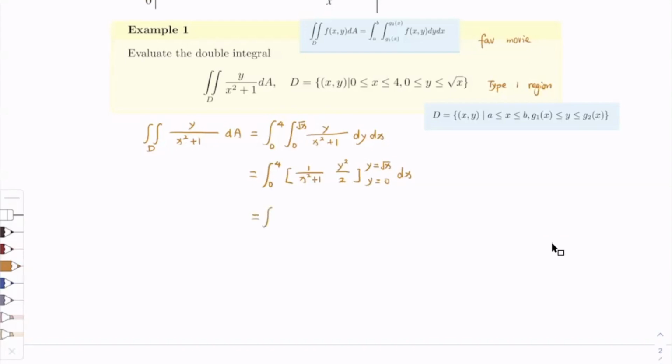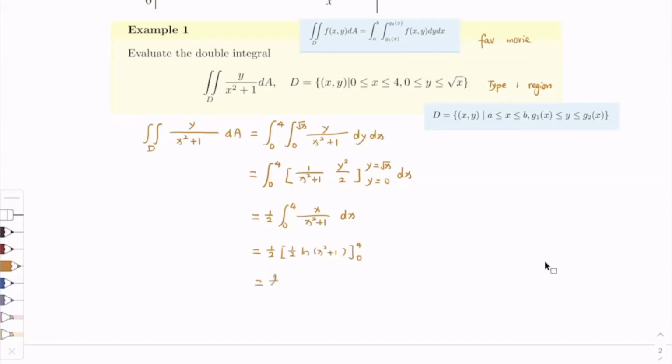So this equals 1 over 2 times the integral from 0 to 4 of x over x squared plus 1 dx, which equals 1 over 2 times 1 over 2 log of x squared plus 1, from 0 to 4.